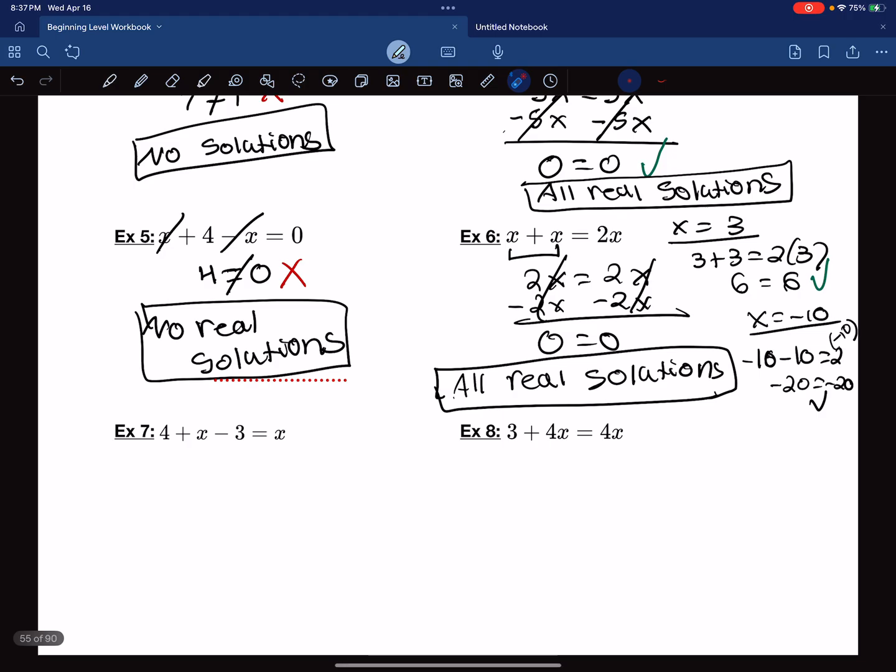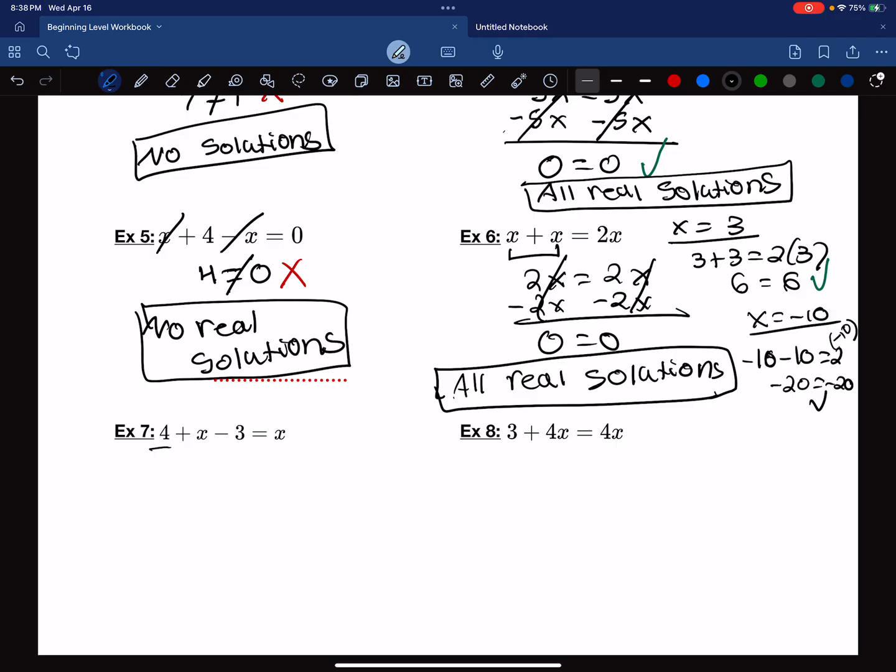Anyways, looking at example 7, we have 4 plus x minus 3 equals x. So let's start off by subtracting x on both sides. Actually, wait, I just broke a rule that we talked about. We don't want to do that first. And you might ask, why? Well, remember when we learned how to combine like terms?